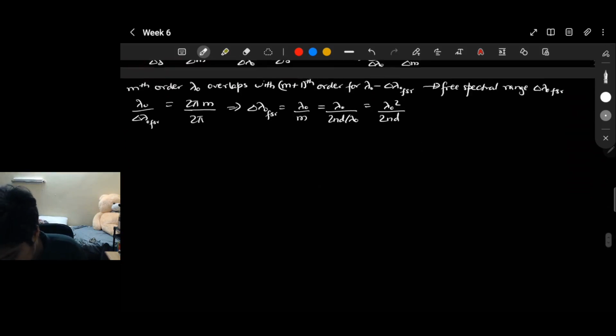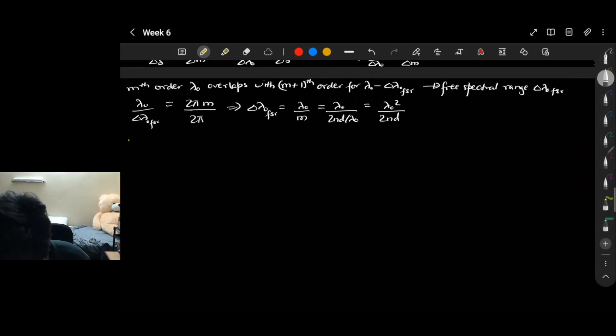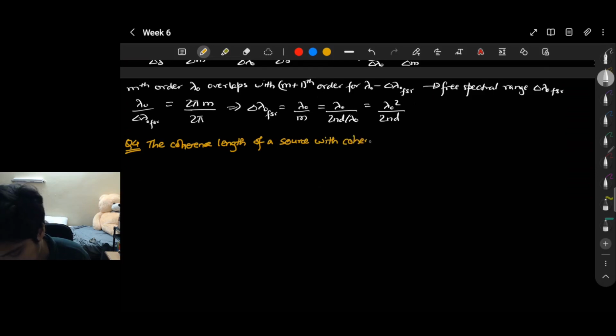Question number 4. Now we have some questions on coherence length and coherence time. The coherence length of a source with coherence time 10 to the power minus 6 seconds is, this is a very simple question.